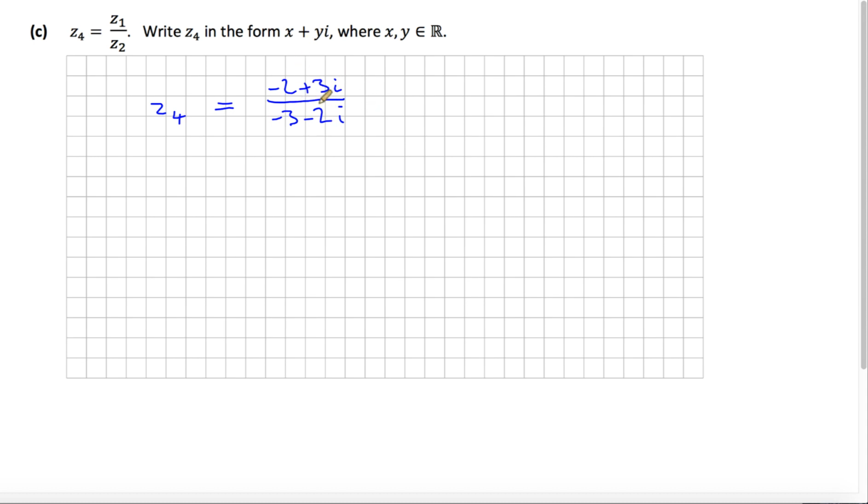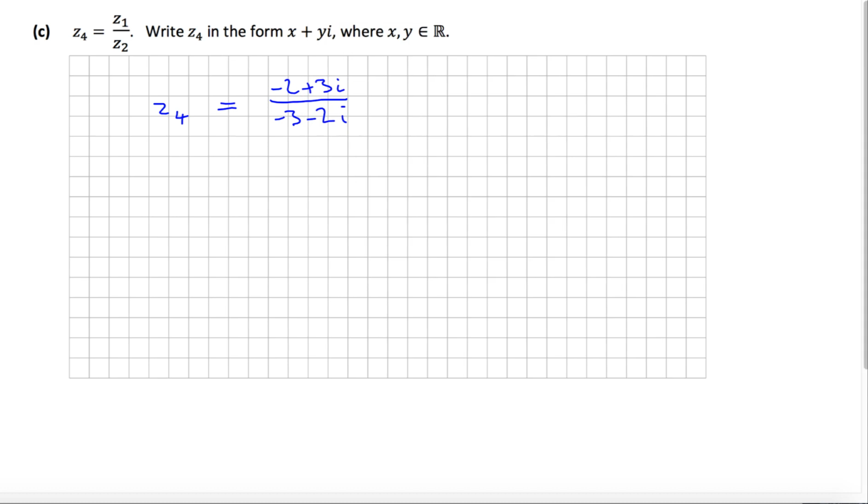Well, this is the division of complex numbers here. So if you remember, the method we use to divide complex numbers is we multiply above and below by the conjugate of the bottom. So the conjugate of this is minus 3 plus 2i. And we multiply the top by the exact same thing.